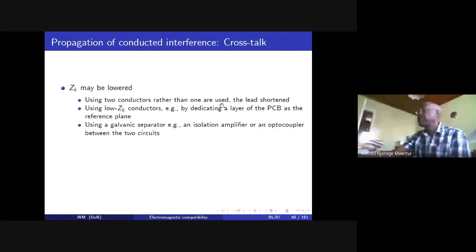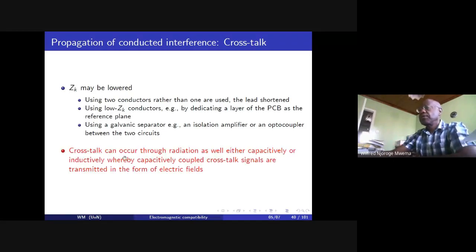Or you can use an isolation amplifier, which provides a unilateral kind of flow of the signals. The signals flow easily in only one direction. And therefore, that's where we need to recall our topic from the differential amplifiers that we covered in the third year.